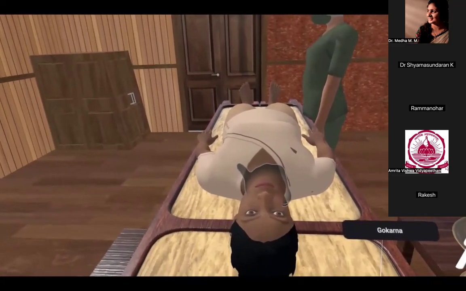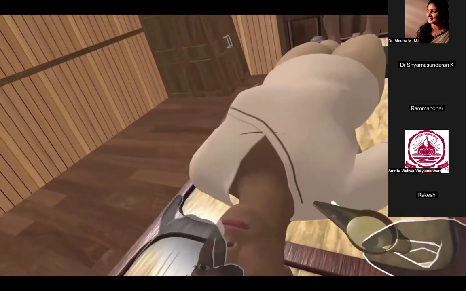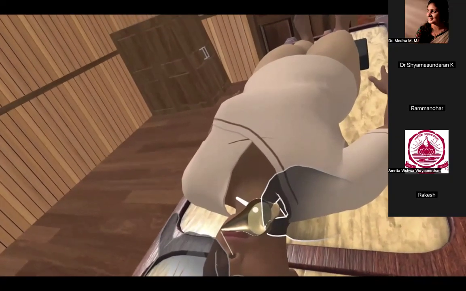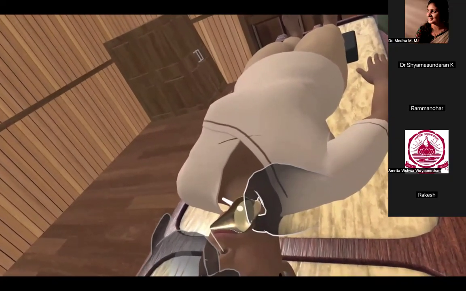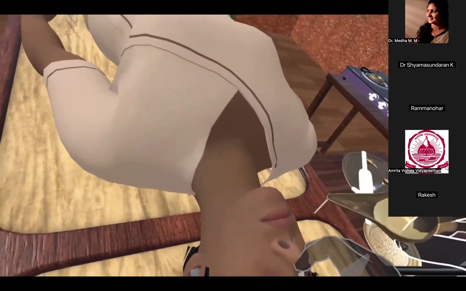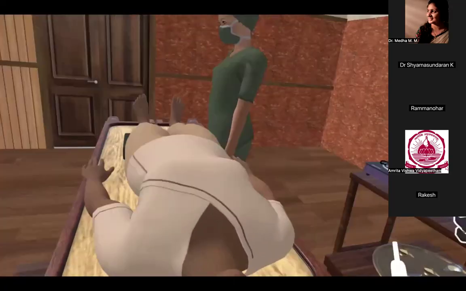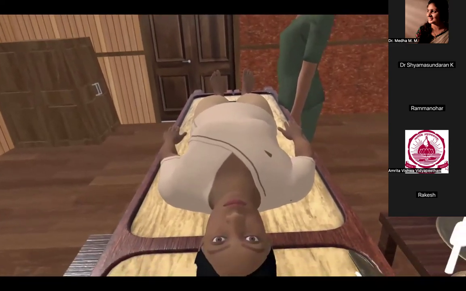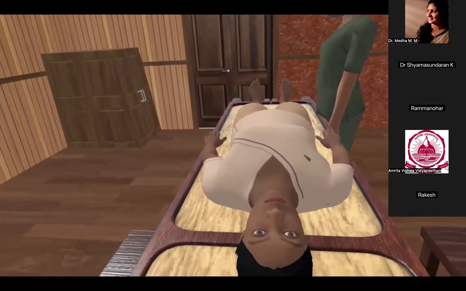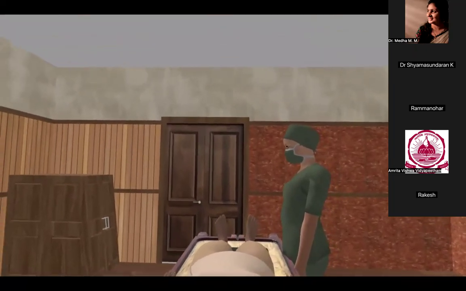When you wear this VR device, you can hear to place your left hand and elevate the nose tip with the middle finger and close the left nostril with your ring finger, and to instill the medicine in the left by closing the right nostril with your forefinger. Then the patient is allowed to inhale the medicine, and we have to place the gokarna on the table.